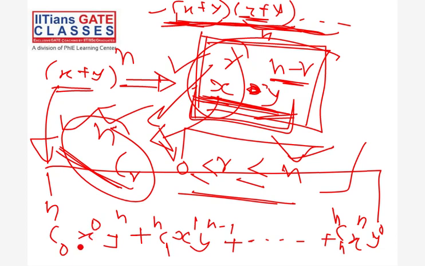When r becomes 0, you get this kind of term, and how many such terms are possible? nC0. When r becomes 1, you get this kind of term, and there are nC1 of them, and so on. When r becomes n, there are nCn such terms. You just add them, and finally we get our expansion.